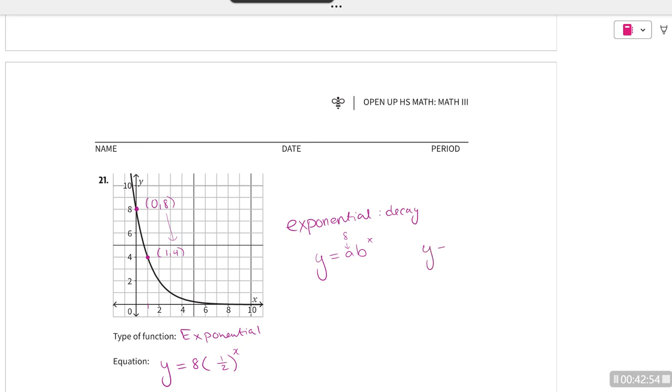Again, you could actually plug that in if you feel a little bit more comfortable. Now we know that the 8 is, you could plug in 4 for y and 1 for x. We divide both sides by 8. We get 1/2 equals b to the first, which is just b. So that's one way we can find it algebraically.